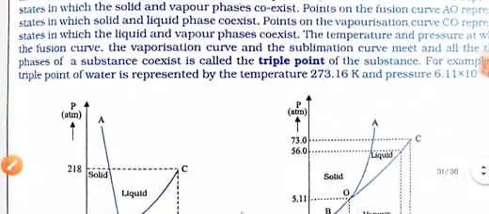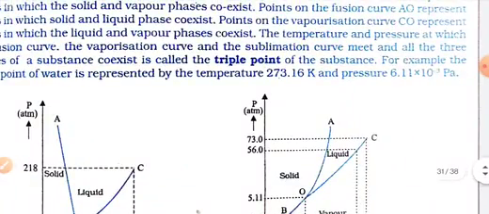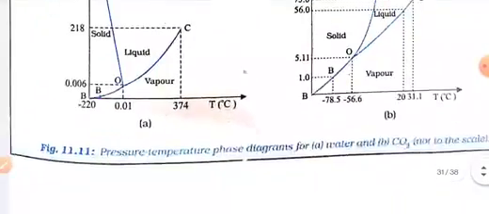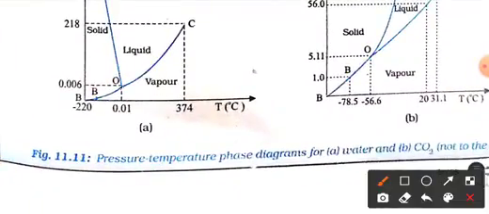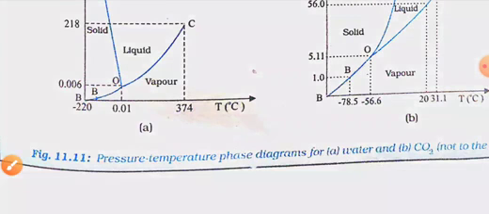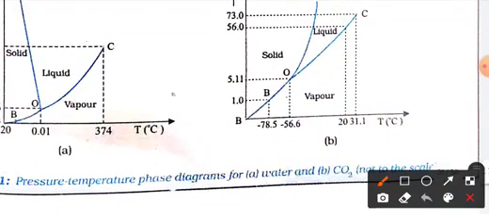Correct? And the pressure at this point is 6.11 × 10^-3 Pascal. These are the temperature and pressure at which water will exist in all three phases. That is called the triple point of water. And for CO2 it is minus 56.6 degrees Celsius and 5.11 atm.